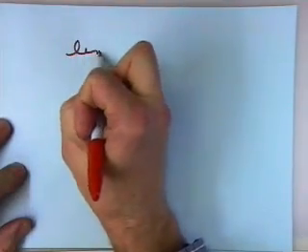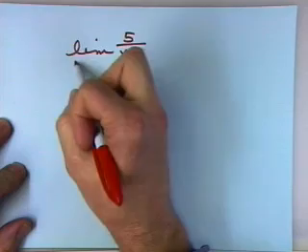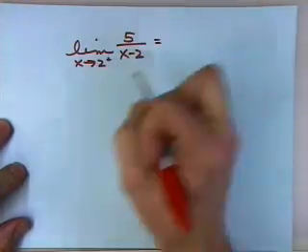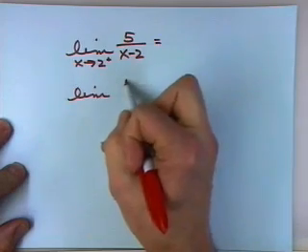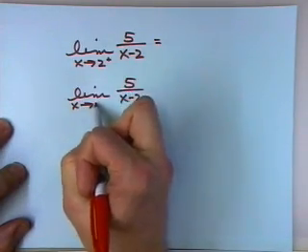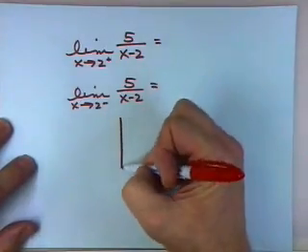So we're going to look at today one-sided limits. So let's go ahead and get that started right now. We just had this picture.